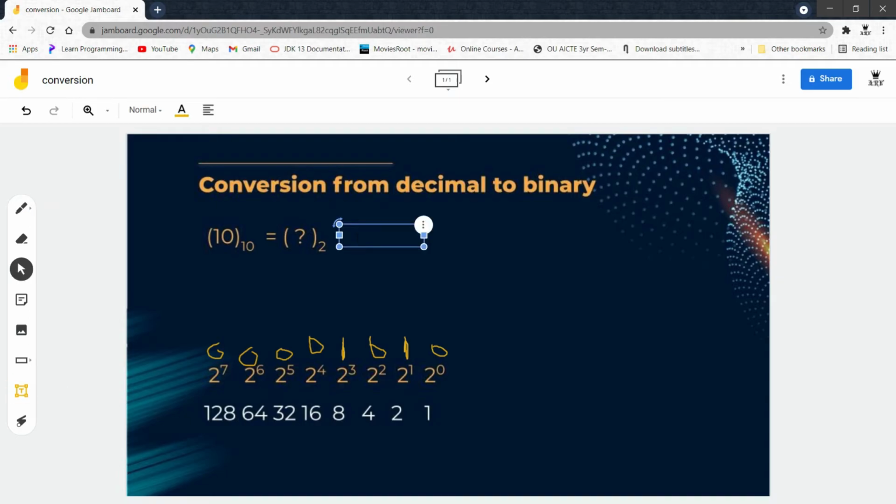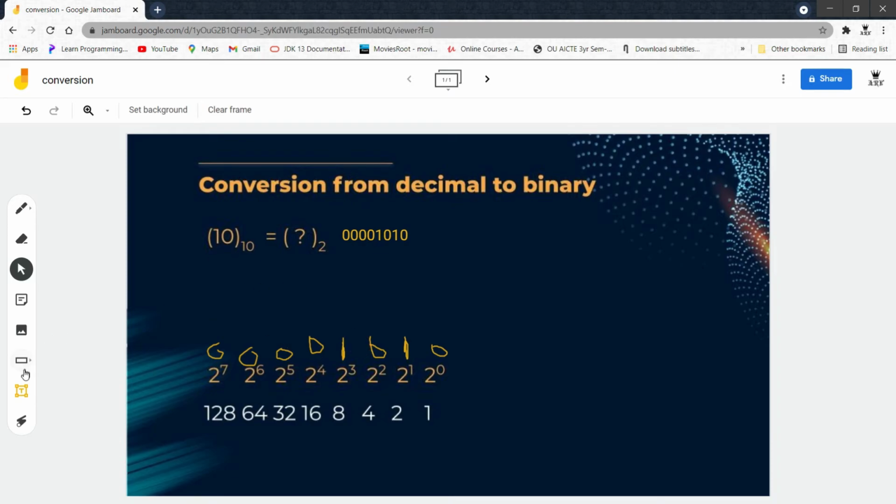So in simple words, 10 can be represented as 0, 0, 0, 0, 1, 0, 1, 0 in 8-bit binary. So this way we can convert decimal numbers into binary numbers. We need to check which is the closest one in the powers of 2 and keep on doing that, and finally after we add the numbers on which we have marked 1, we will get our resultant number.